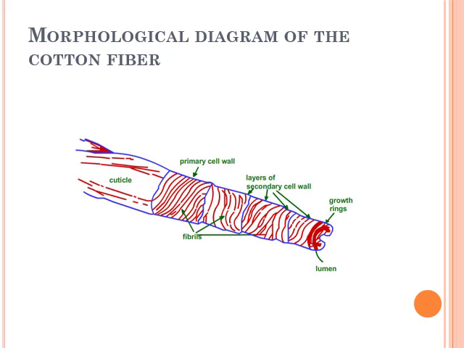Reversal points frequently correspond with a reversal of the exterior convolutions. The secondary wall consists of several layers, and the spiral angle of the fibrils varies from one layer to the next, from about 20 to 35 degrees.